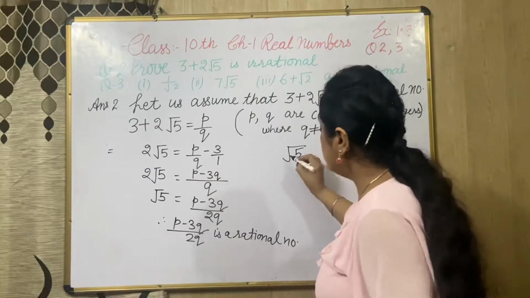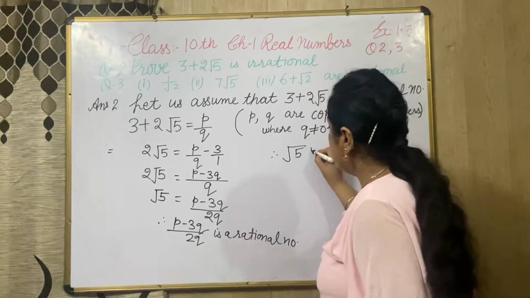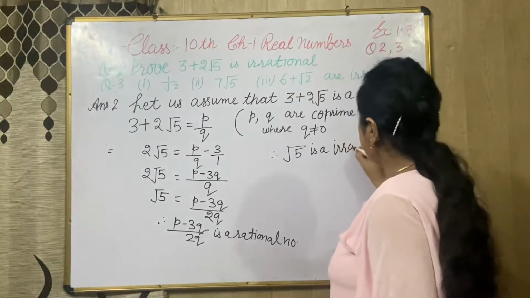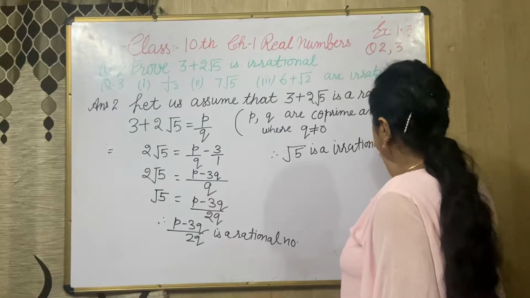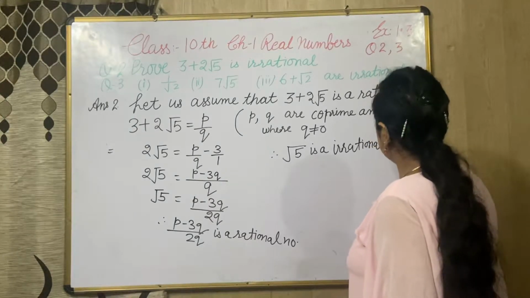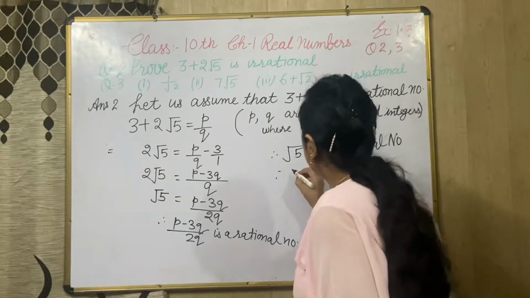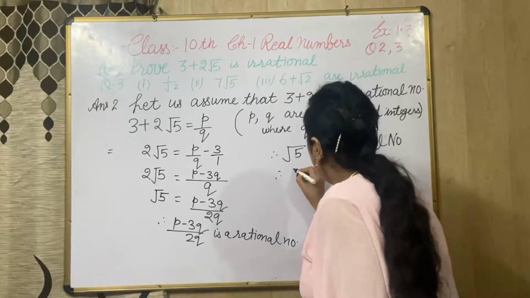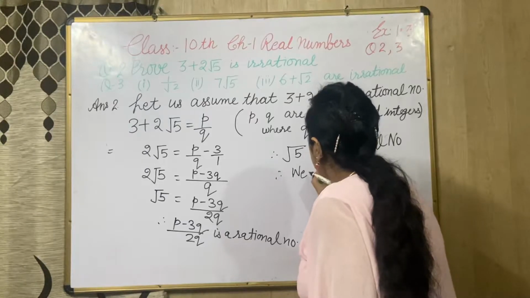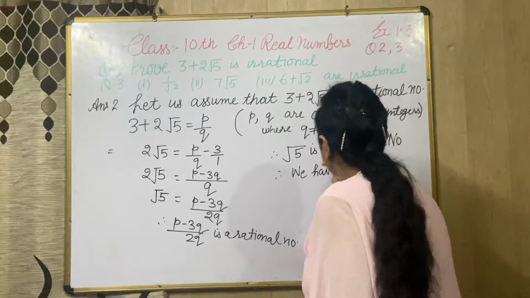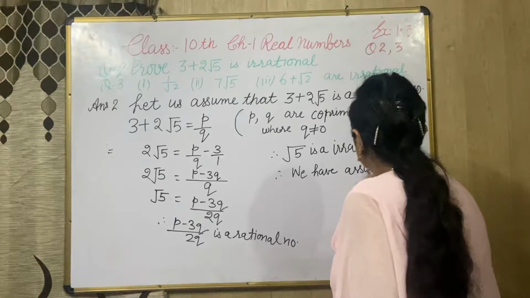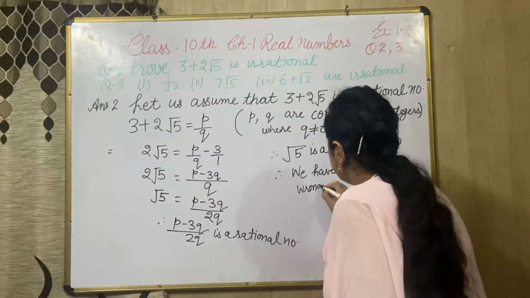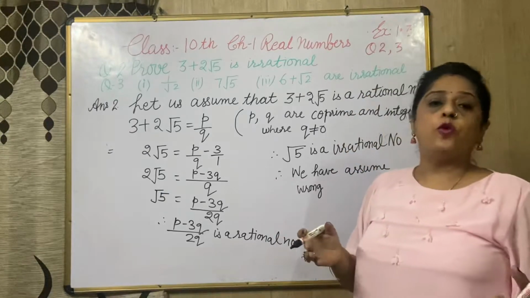So you can write because root 5 is an irrational number. Why did it happen? Because we have assumed wrong, a contradiction. Either you can write wrong assumption.